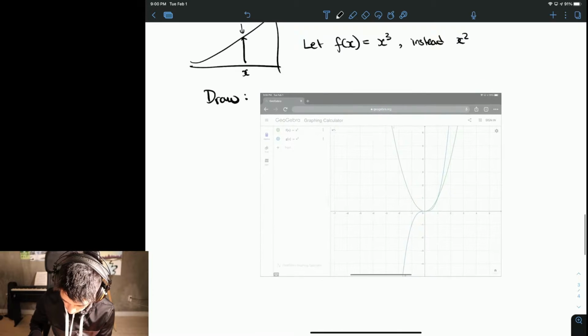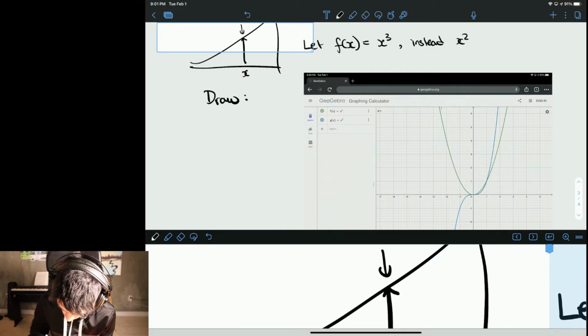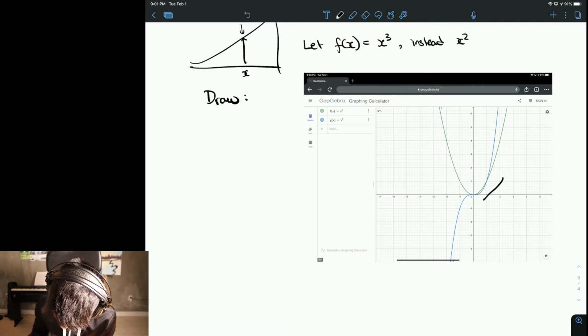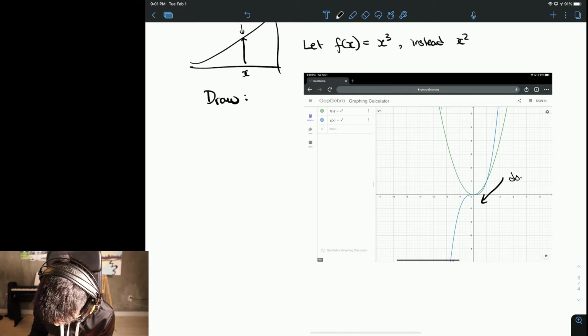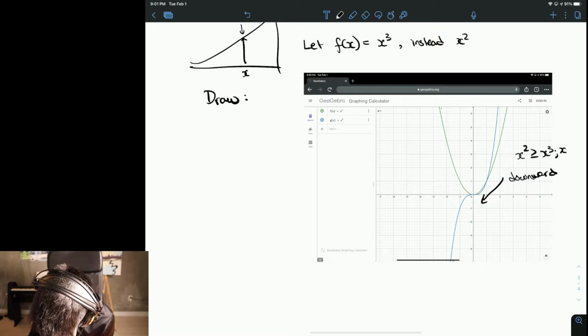I think there are sub-questions to this question, but the things worth observing is that there's a downward part and that x squared is greater than or equal to x cubed, at least when x is between 0 and 1 right here.